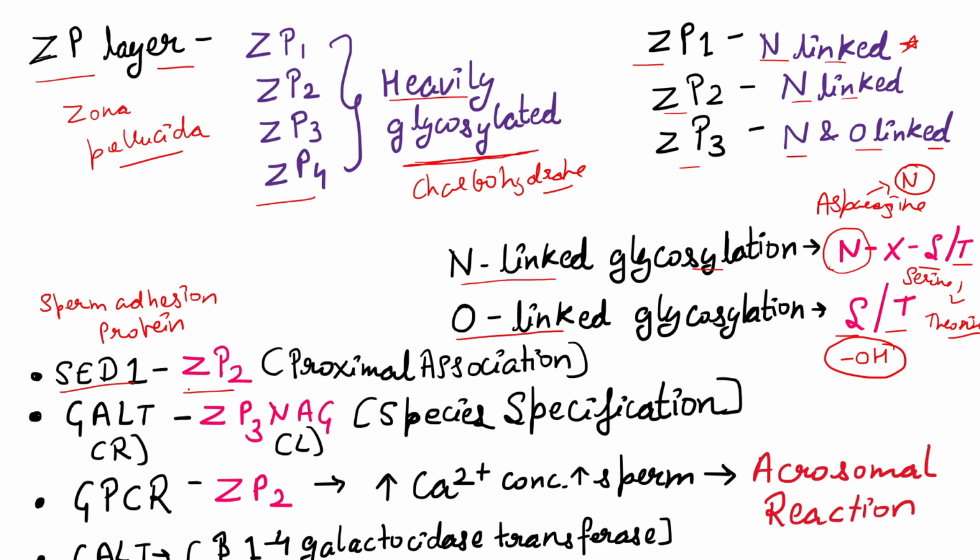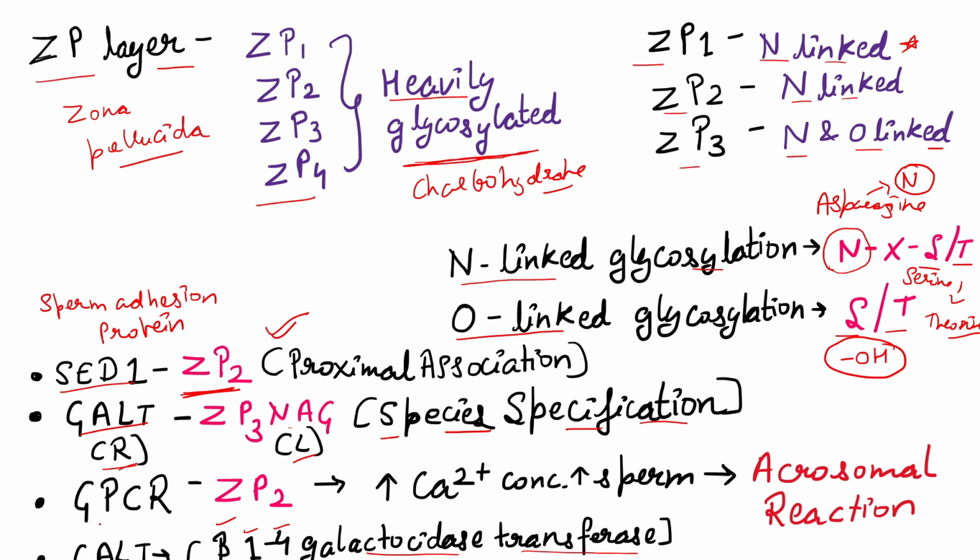So Z1 and ZP2 make a proximal association. Then GALT is a receptor, and GALT stands for beta-1,4-galactosyltransferase. GALT is a receptor, and the ligand would be ZP3, that is NAG. ZP3 is for species specification.